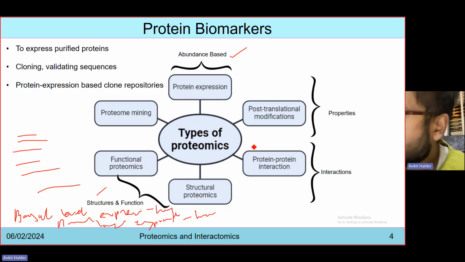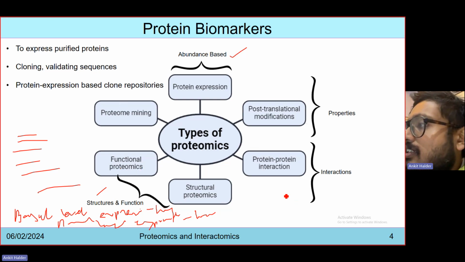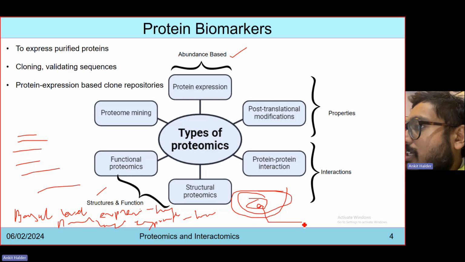There are many such data, and we need to identify one particular marker.